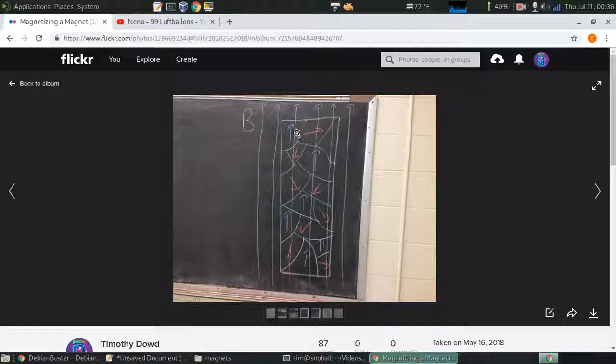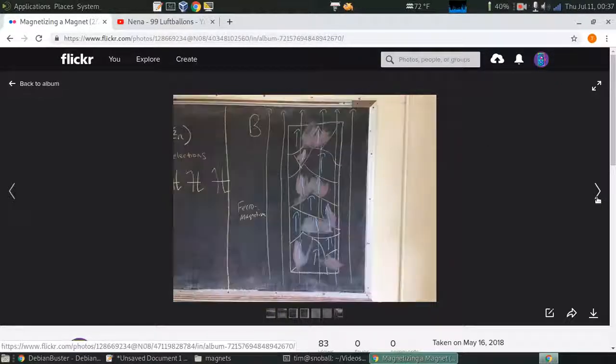So in other words, this domain grows at the expense of these two. And we get something like this. At the end of the day, we're left with lots of atoms and lots of domains pointing in the direction of the external field. So we've now magnetized that piece of iron. It will behave as a magnet.